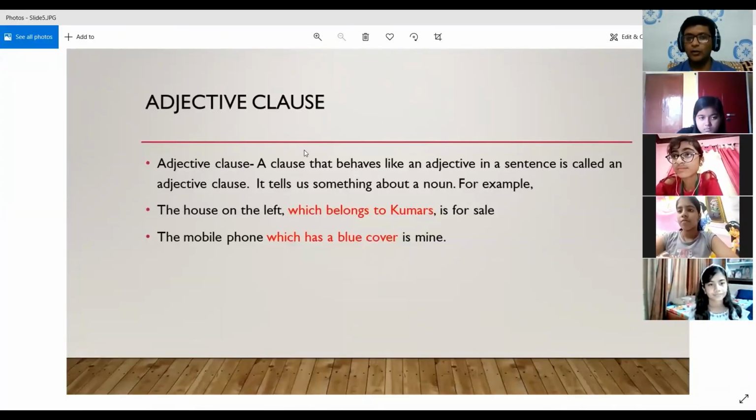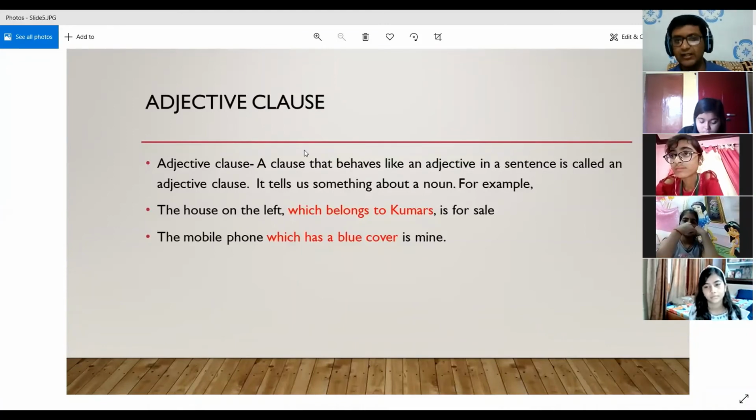So just like noun clauses, adjective clauses also act in the same way. Whenever a group of words start acting as an adjective, then we can call it an adjective clause. Of course, we have to see that they should contain a verb in them. Otherwise, it will become an adjective phrase.